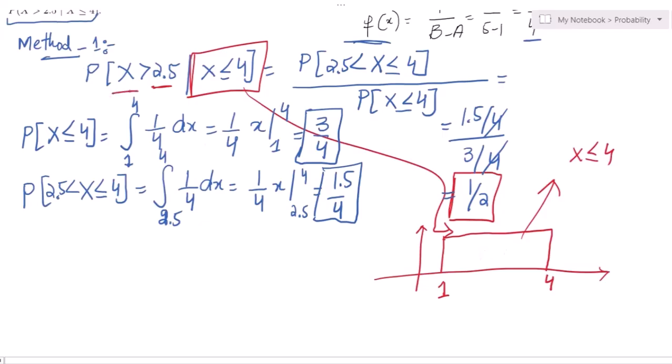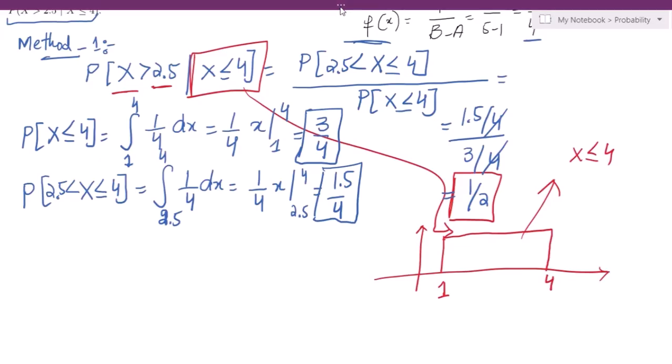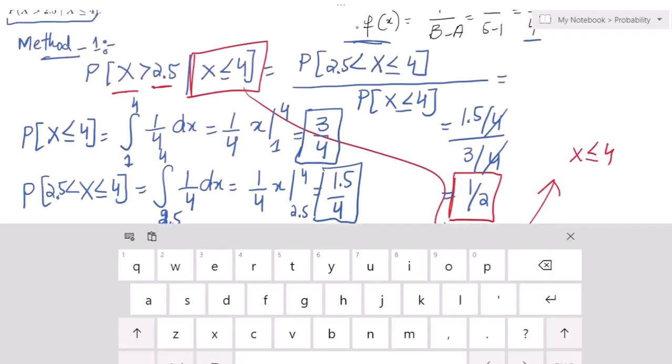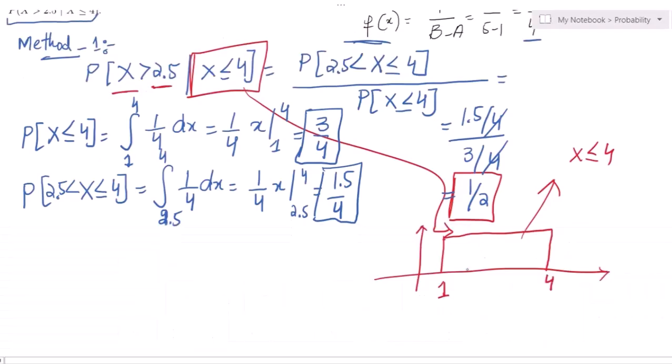According to the other condition, x is greater than 2.5, so it should confine between 2.5 and 4. Let me write it from 2.5 to 4. So these are the two areas.